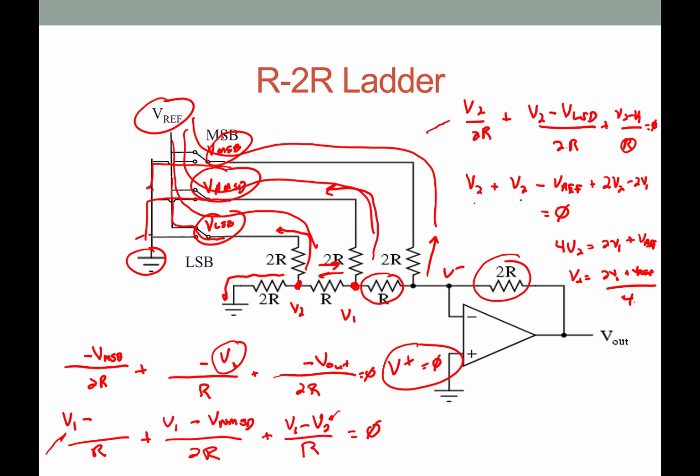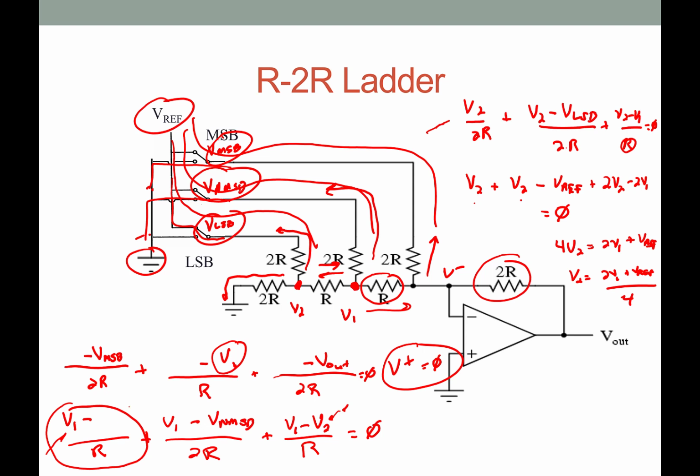Then I'm going to plug that into this part right here. I'm also going to multiply everything by 2R again. So now remember this first thing right here, I was looking at it, this first term, like, where did that come from? And I'd forgotten. That's V1, that's the current going this way, V1 minus V minus over R. And since that V minus was 0, it went away.